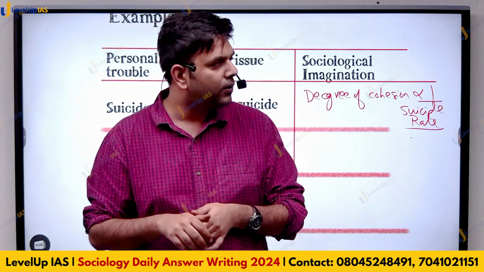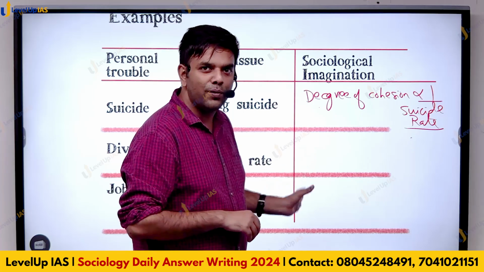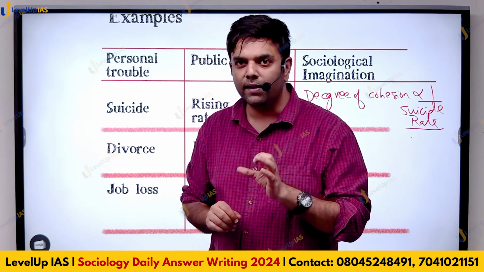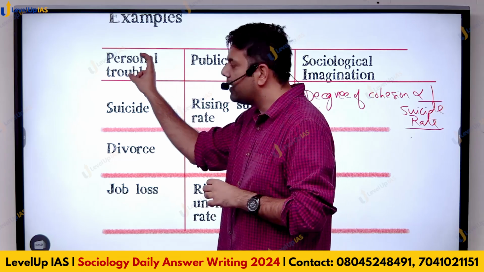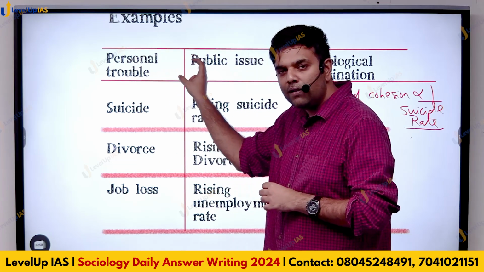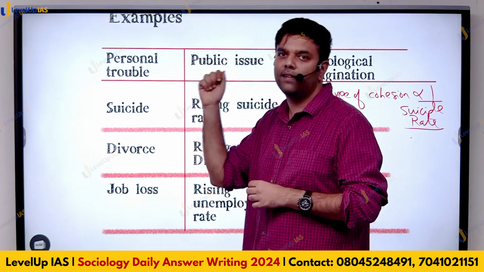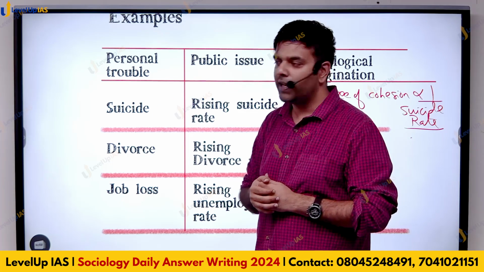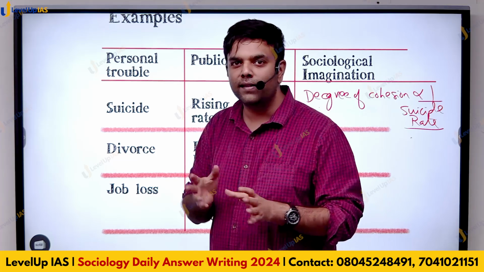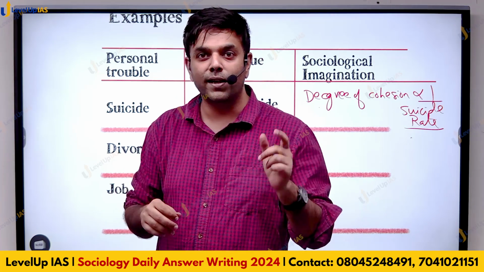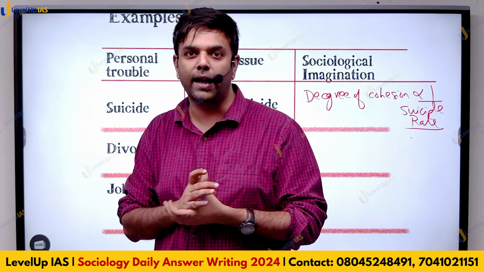Okay. So if I am doing such kind of analysis, that means I am treating personal trouble as public issue, trying to find broad structural factors causing these issues in public life. And this is how I'm going to conclude. When it comes to conclusion, what should it be like?